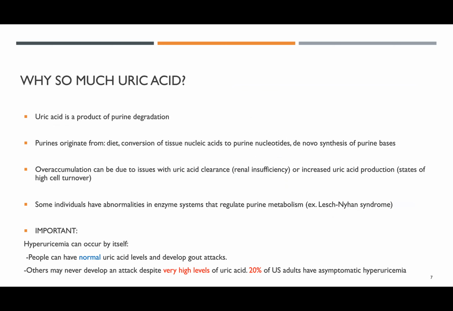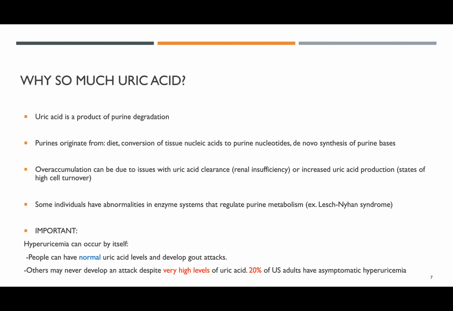Uric acid is a byproduct of purine degradation. So it's going to be natural, just part of our natural metabolism of creating DNA. It also comes in through our diet.